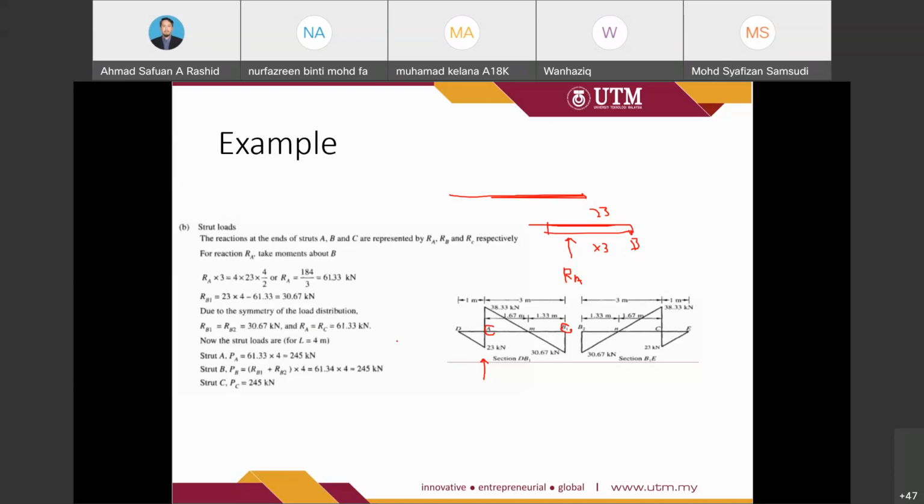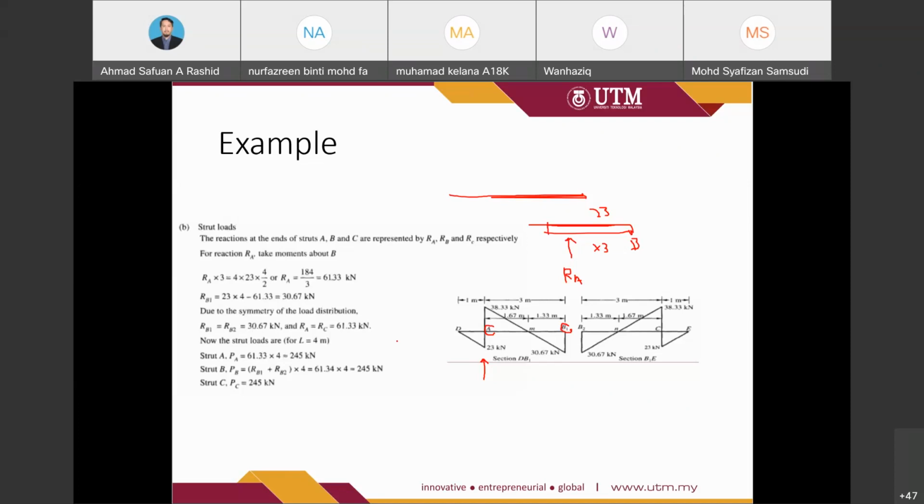So for the strut A, PA is equal to 60.33 times 4, which is equivalent to 245 kilonewton. Then for the strut B, previously we differentiated between RB1 and RB2, but actually it is the same.